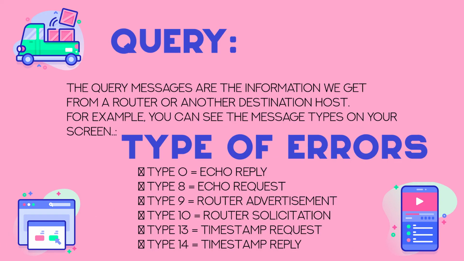The query messages are the information we get from a router or another destination. For example, you can see the types of messages on your screen. We will look at it when we are performing a network scan. Right now, just understand that ICMP messages or flags are of two types: the request and response pairs.